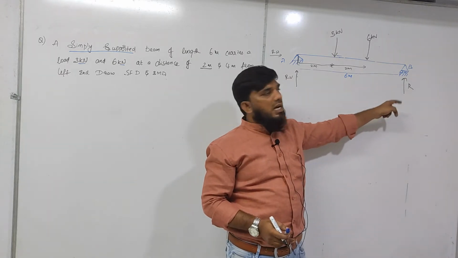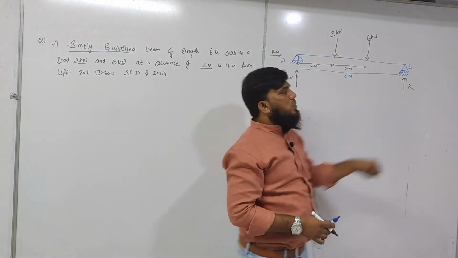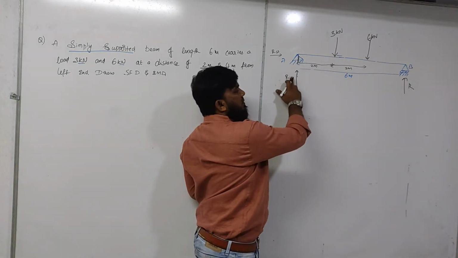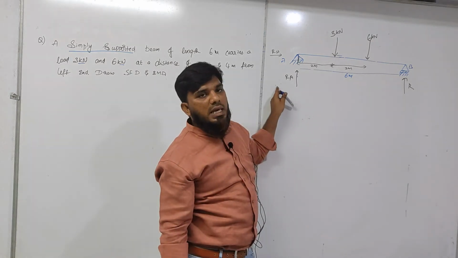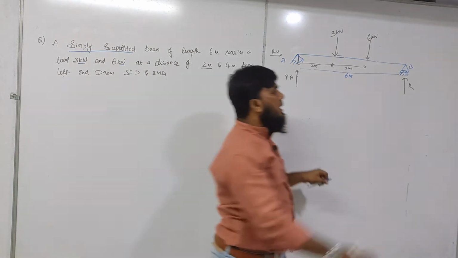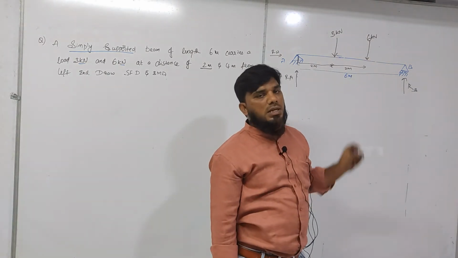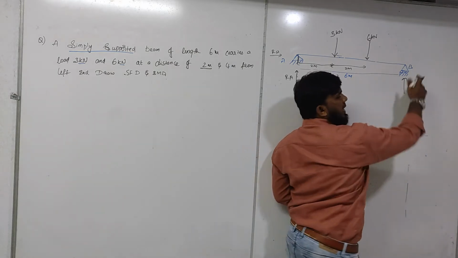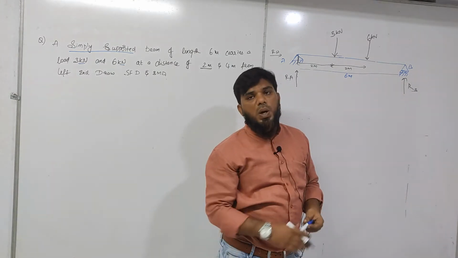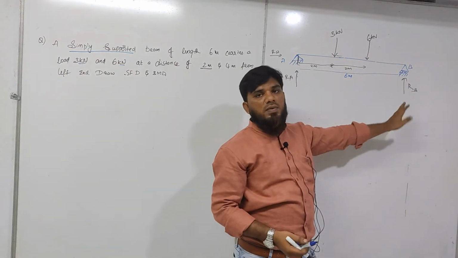In the cantilever we didn't come across this kind of issue, but here we have another side supported. To denote the vertical reactions, I will give the notation RA, the reaction at point A, and RB, the reaction at point B. But there is no horizontal reaction at B, because it has a roller.